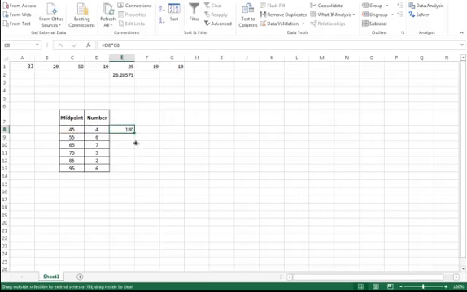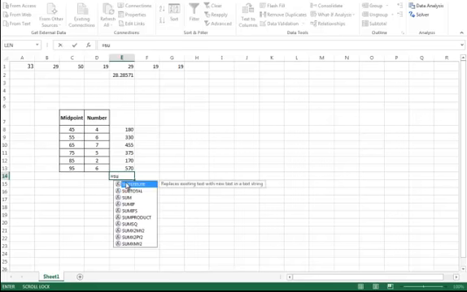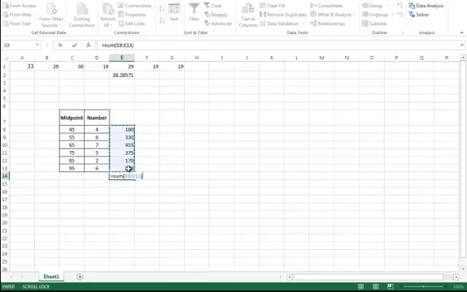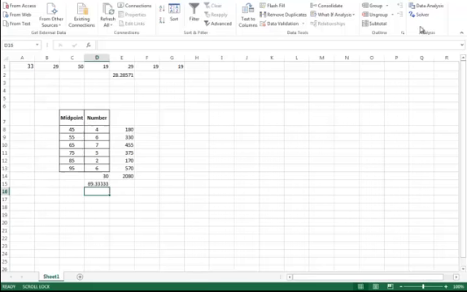I'm going to copy that cell down. And to find the average, we need to know the sum of these numbers, and we need to know the sum of the frequencies, because the average will be the total product divided by the number of elements that you have.